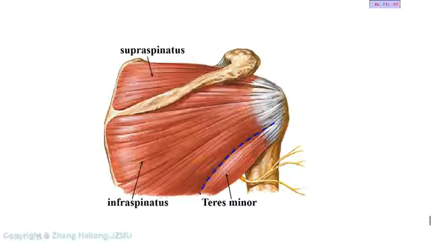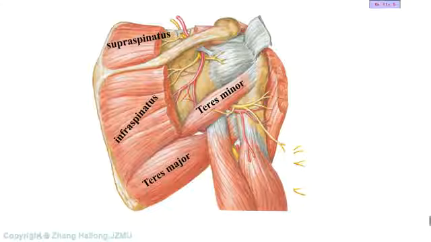So the function is that they can make your humerus move medially. Adduction. Now let's see. Supraspinatus, infraspinatus, teres minor, and teres major make your shoulder adduction, move medially. And under the muscle you can see there are some blood vessels and nerves.